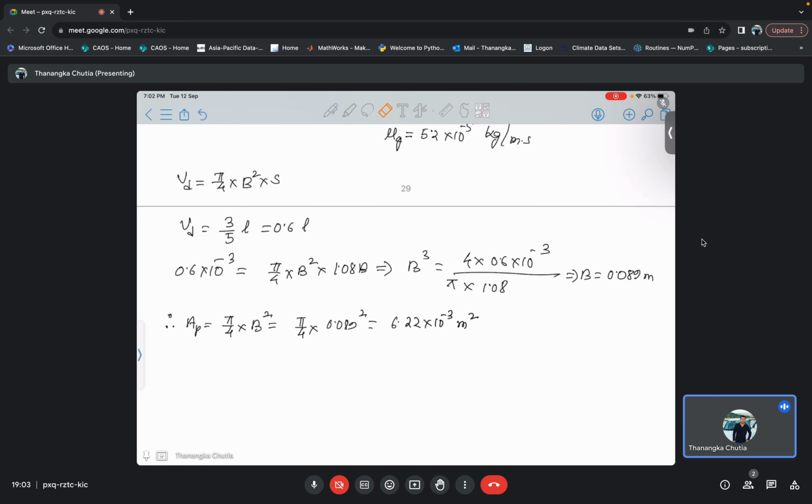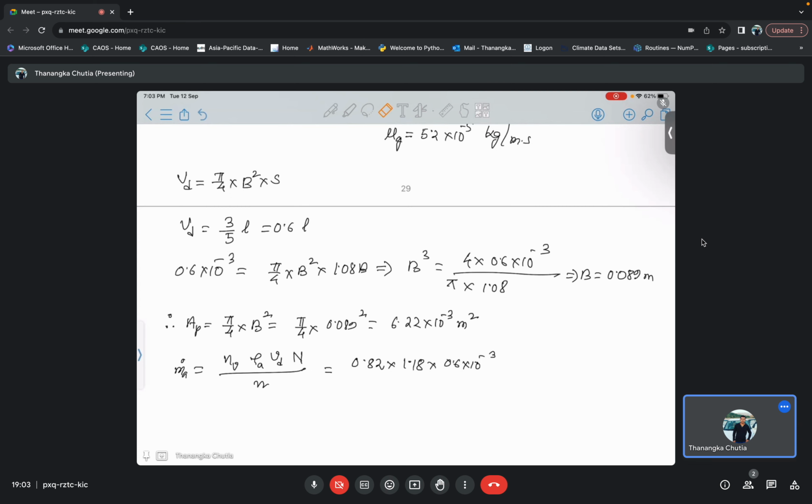The mass flow rate of air will be equal to volumetric efficiency into rho into VD into N divided by small n. The volumetric efficiency is 0.82, the density of air is 1.18, which we already know, and VD we have calculated as 0.6 into 10 to the power minus 3.